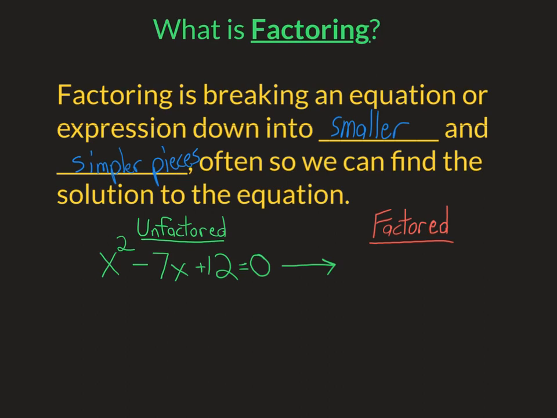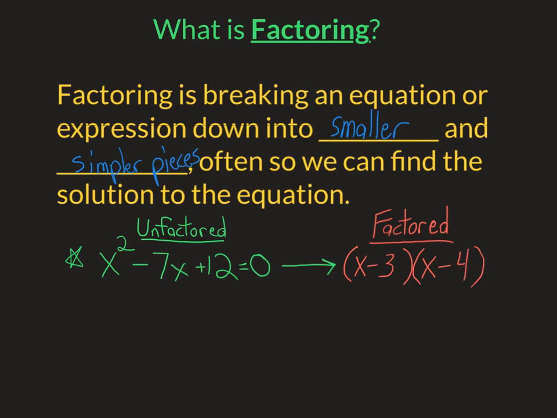For instance, this one here, this unfactored problem right here, what would happen if we factored it? What would it look like? Well, that problem factored would actually be rewritten as an x minus 3 and an x minus 4.